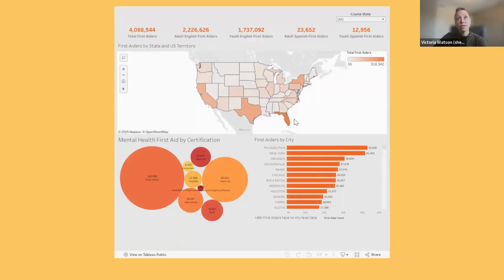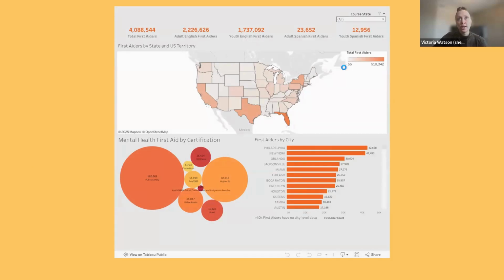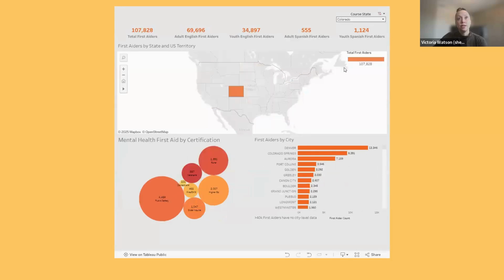And on the mental health first aid website, you can actually sort, so you can look at your state, see what that looks like. You can also see here the differences of what sectors we see the most individuals getting certified in, as well as cities that have more as well.